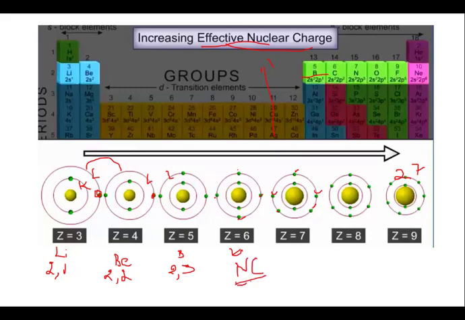Nuclear charge is just simple attraction from the nucleus to the valence electron, but effective nuclear charge is the difference between the nuclear charge and shielding effect. Now what is this shielding effect? Shielding effect or screening effect is the obstruction of the inner electrons.